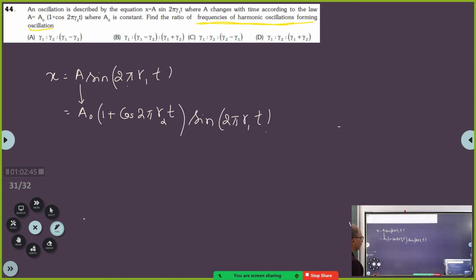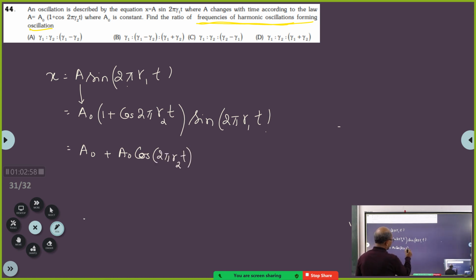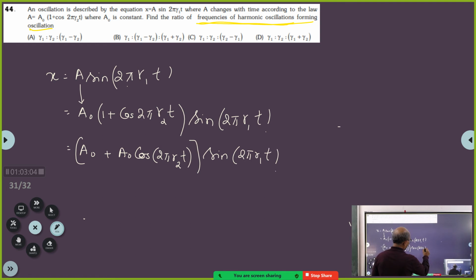Now you simply expand this. If you expand this, you will get A naught plus A naught cos of 2 pi gamma 2 t, into sine of 2 pi gamma 1 t, and you bring it here.